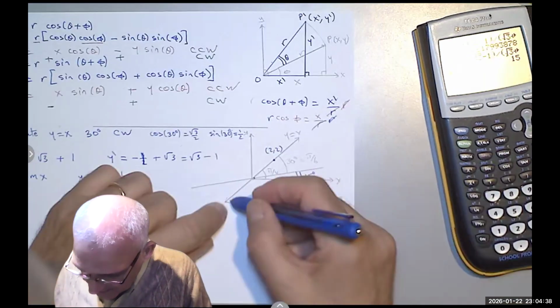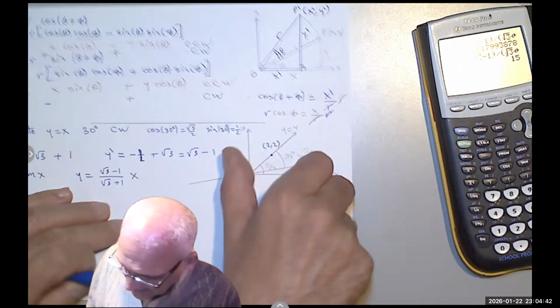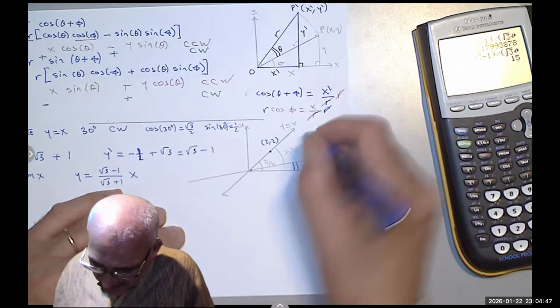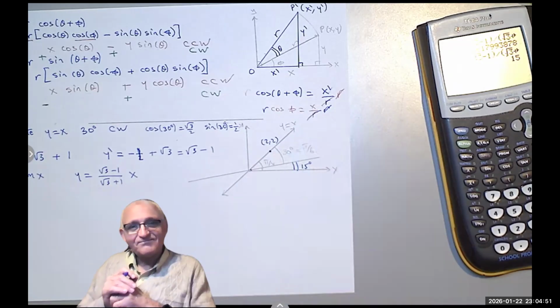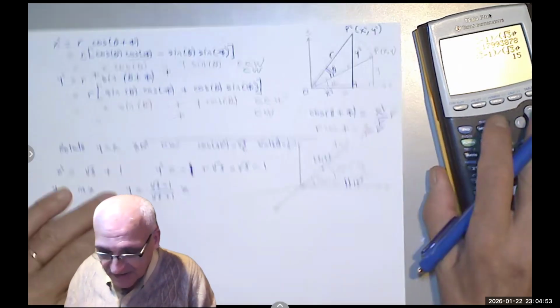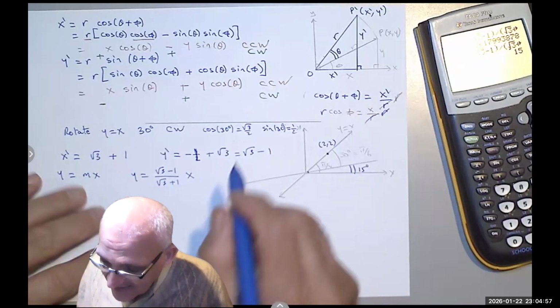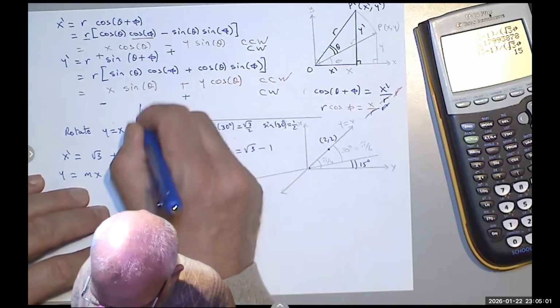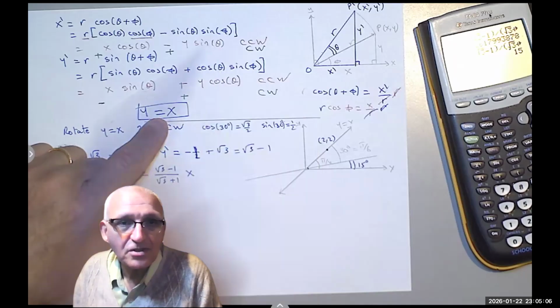Think with me. If this is the line I have, and this is my x and y, if I rotate the x and y 30 degrees, then the angle between my line and the x would be 15, right? So I do it backwards. But notice here, I'm not taking a point by itself. I'm taking the equation y equals x and replacing it by rotating counterclockwise.